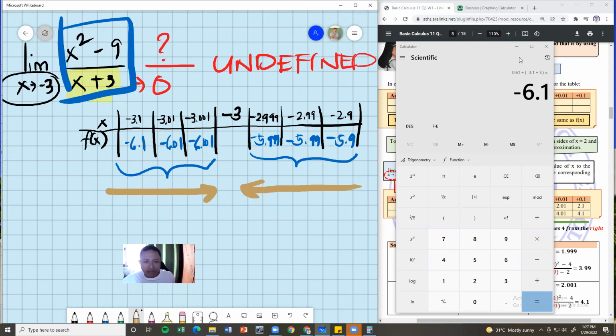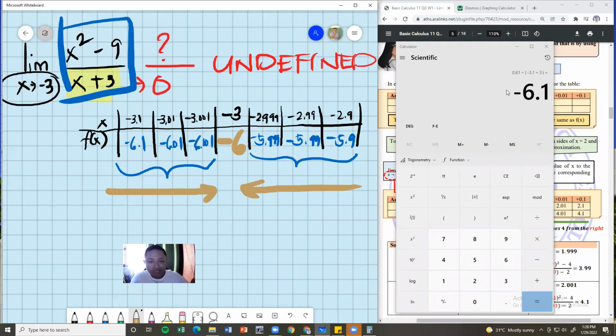What do you think is the value of the limit by using this table of values? Okay, the answer is it 6 or negative 6? Okay, it's negative 6, correct. So that's what we mean when we say limits.